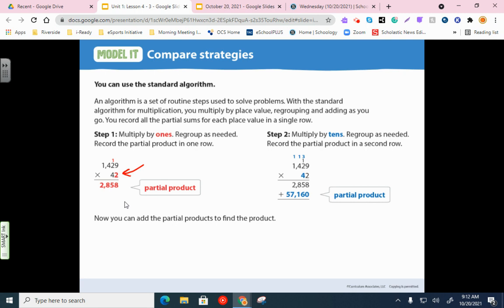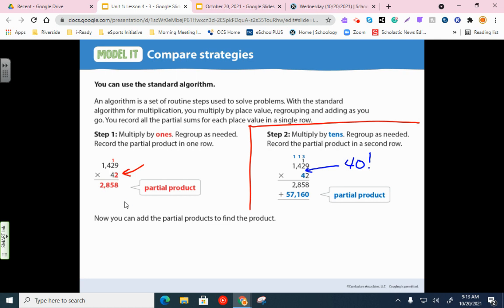Here's where it gets interesting for step 2. I kind of want to block this off because this is an interesting way to think about it. Now we're multiplying by the tens. I'm going to make a little line here to point out this blue 4. That's highlighted because that's actually 40. We did learn that when we did our first set of notes and multiplied everything by 40.